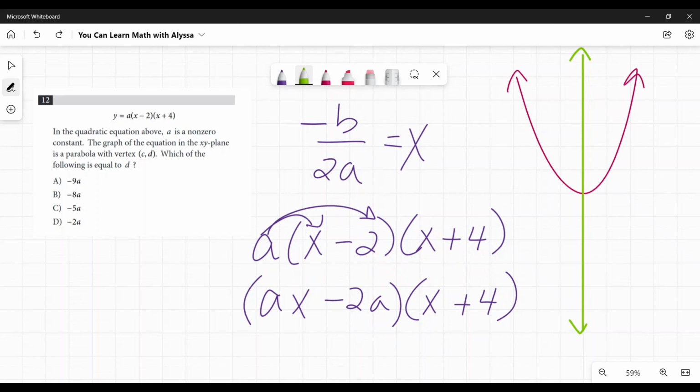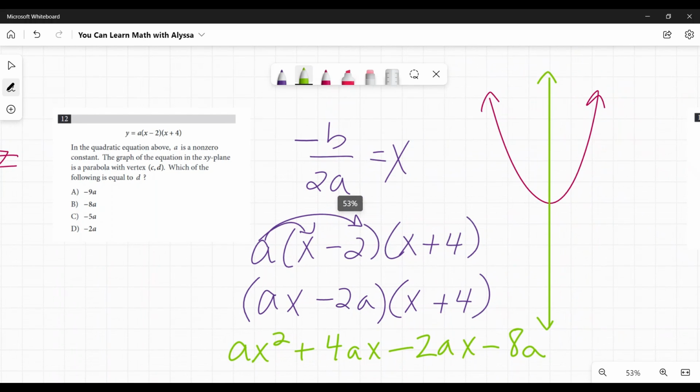First, ax times x is ax squared. Outside, ax times 4 is 4ax. Inside, negative 2a times x is negative 2ax. Last, negative 2a times 4 is negative 8a.